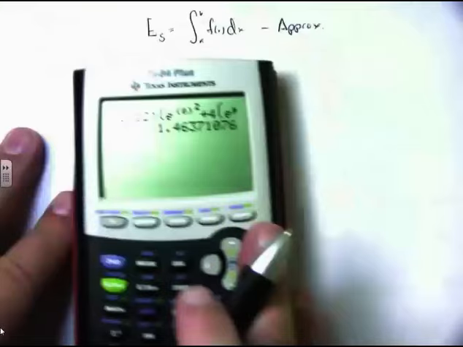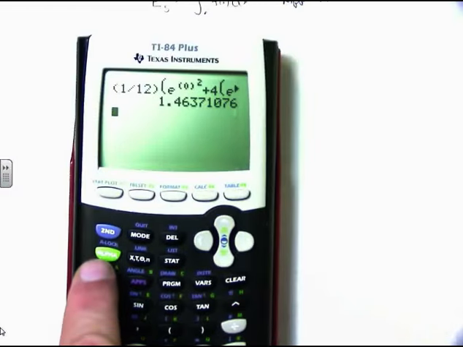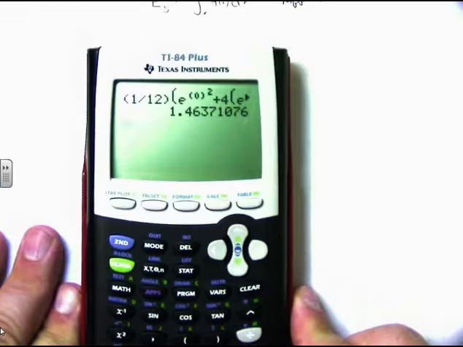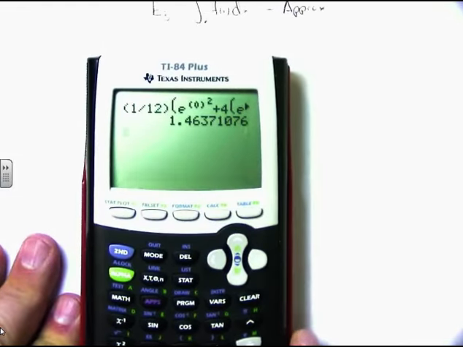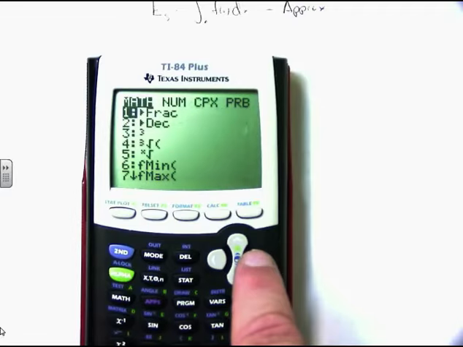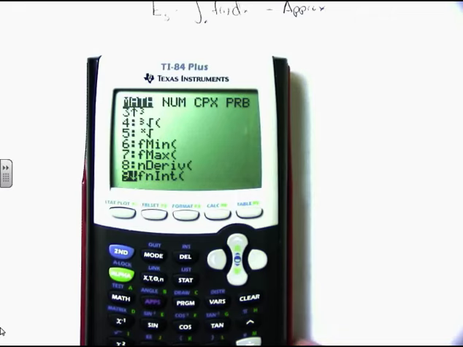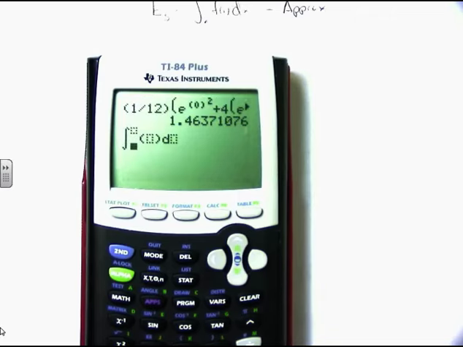So I'm going to remind you guys on how to use the calculator. This is for a T84. If you've got an 89, it's a similar keystroke, but it's above number 7. But this is the T84. You go to Math, scroll down to Math number 9, fnInt. But with the new upgraded T84, I actually have the bounds on mine.